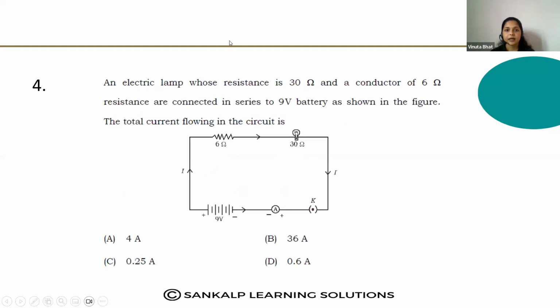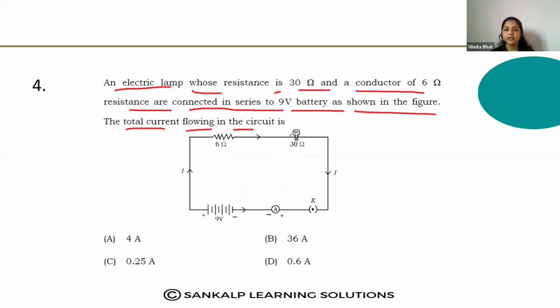Next question. An electric lamp whose resistance is 30 ohm and a conductor of 6 ohm resistance are connected in series to a 9-volt battery as shown in the figure. You have to find out the total current flowing in the circuit.